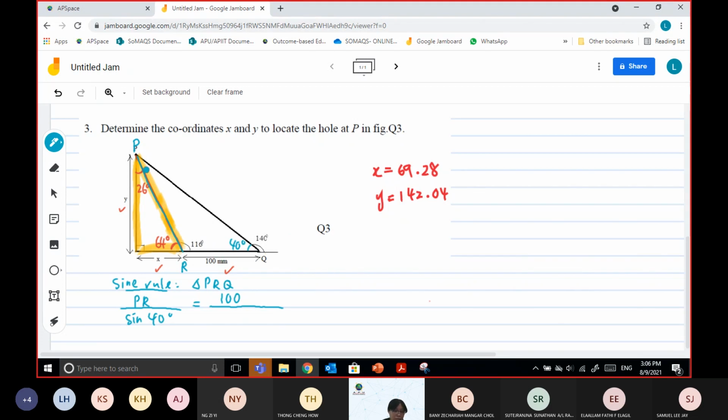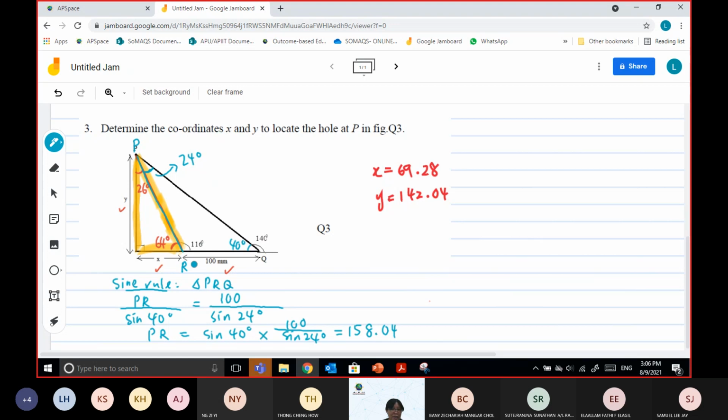The corresponding angle for 100 mm is here: 180 minus 40 minus 116 gives 24, so sine 24 degrees. Then PR equals sine 40 times 100 over sine 24, which gives 158.04. That is the length of PR.